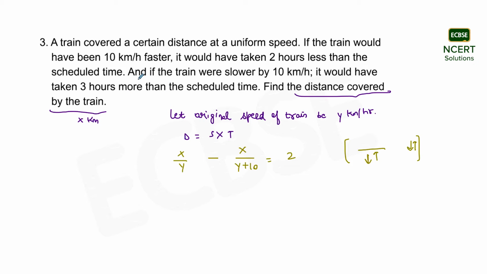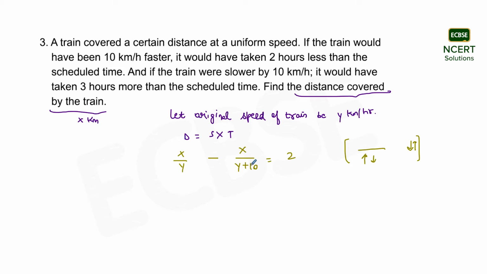Now read the second statement. If the train was slower by 10 km per hour, means now we have decreased the speed of the train. As the original speed was y, now it has been decreased by 10, so the speed will be y minus 10. It might create confusion, so read it this way: first sign, second sign.